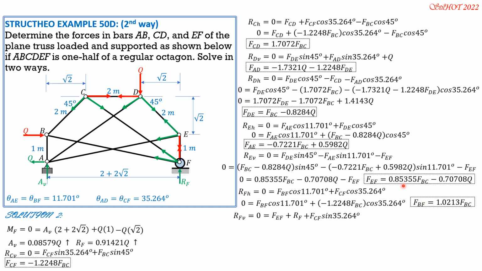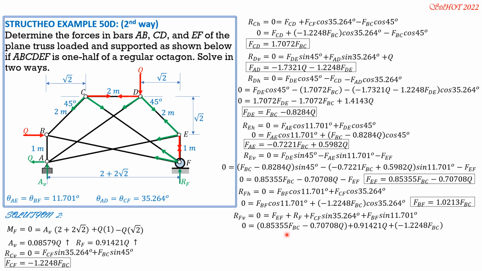So 0 equals 0.85355 FBC minus 0.70708 Q. That's FEF plus RF, which is 0.91421 Q. Then plus FCF, plus quantity negative 1.2248 FBC, then sine 35.264. Then plus FBF, which is plus 1.0213 FBC, sine of 11.701 degrees.